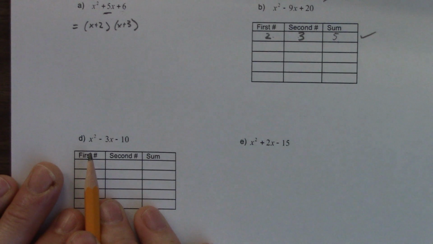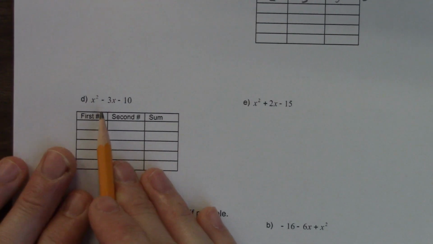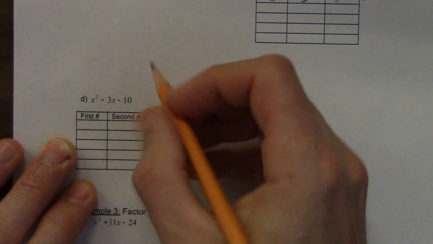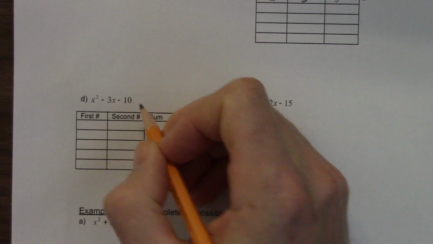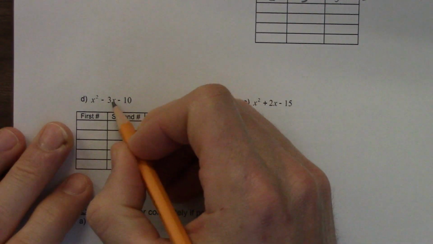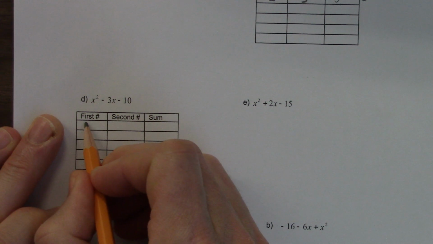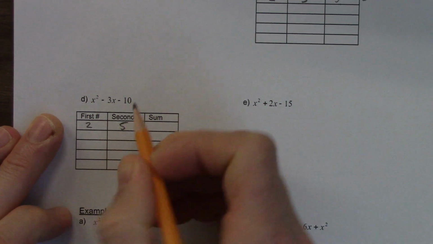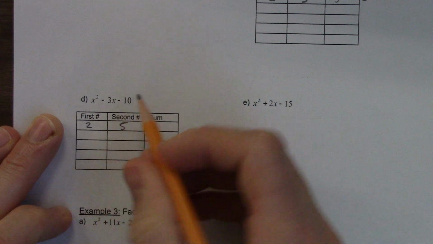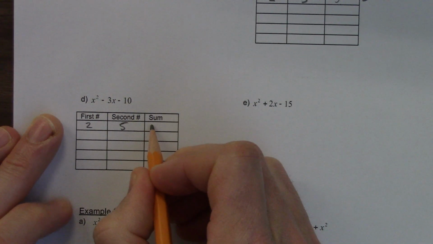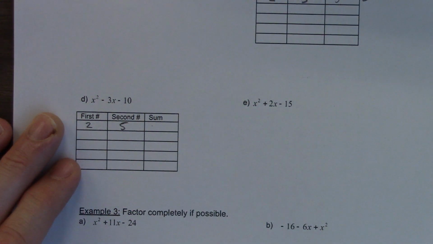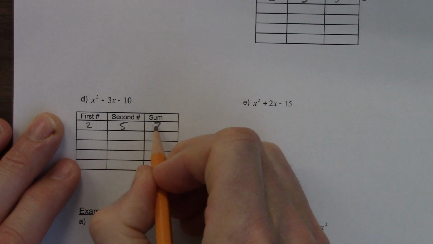Okay, next one, d. We want to get a product of negative 10 and we want to get a sum of negative 3. So if we use 2 and 5, we get a product of 10. Sorry, we want the product of negative 10. So 2 and 5, if we sum that, we get 7.